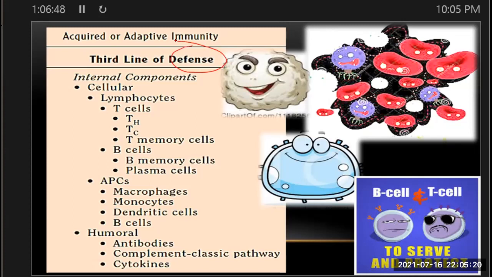Next. So we have the internal components, cellular, CT, because we have the lymphocytes, T lymphocytes, we have the TH, TC, and what do you mean by TH? Helper, TC, cytotoxic. And we have B cells, the B memory cells, and the plasma cells. Well, plasma cells are mature B cells.